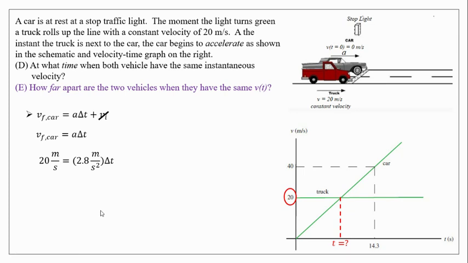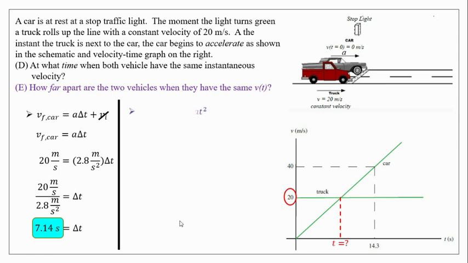So to find t, we just have to divide both sides by 2.8. 20 divided by 2.8 will give you a value of about 7.14 seconds. Okay, so this t in question mark in red in the graph, that answer would be 7.14 seconds. All right.